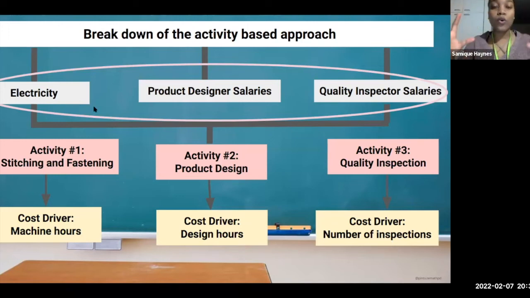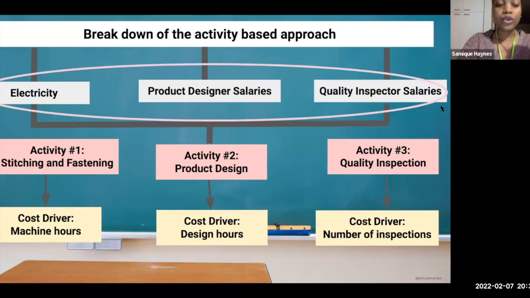So with activity-based costing, we break it down. We have a total overhead cost, and inside of that overhead cost pool, we have electricity costs, product designer salaries, and quality inspector salaries. We break that big factory-wide overhead cost down into different activities: stitching and fastening, product design, and quality inspection.